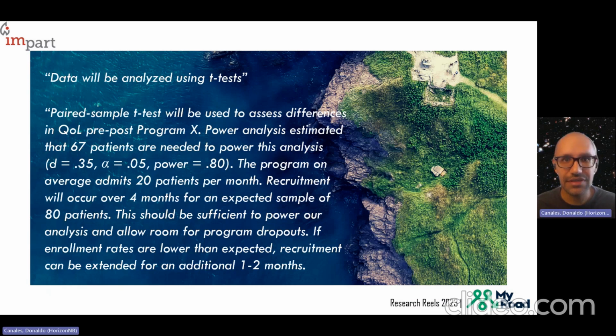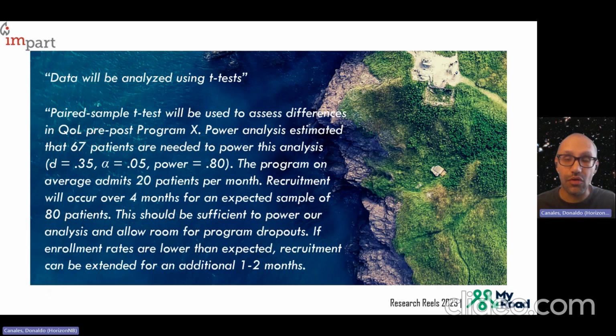The second one, which I wrote, is more appropriate. Paired sample t-tests will be used to assess differences in quality of life pre-post program X. The power analysis estimated that 67 participants or patients are needed to power this analysis. The program, on average, admits 20 patients per month.